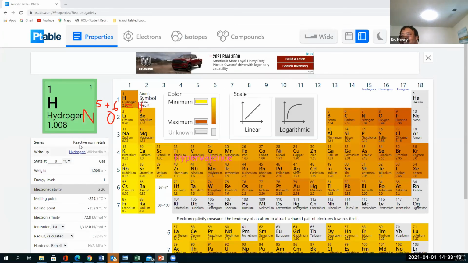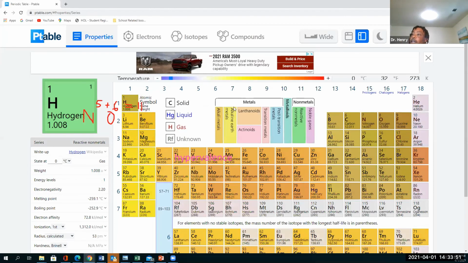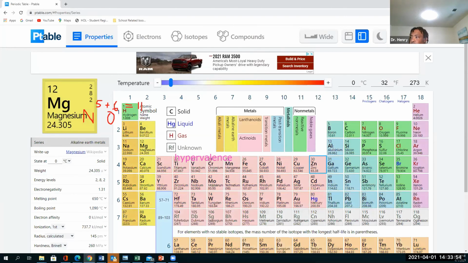Elements that are in the 3rd period and anything below it are able to do hypervalence. They'll use hypervalence to make stable structures that are more stable than if they had their octet. In most cases, they're going to try to do the octet, but if they can't, they'll make hypervalent molecules, meaning they'll have more than 8 electrons around them. Those center atoms will.